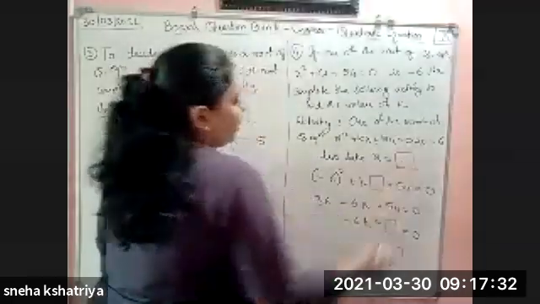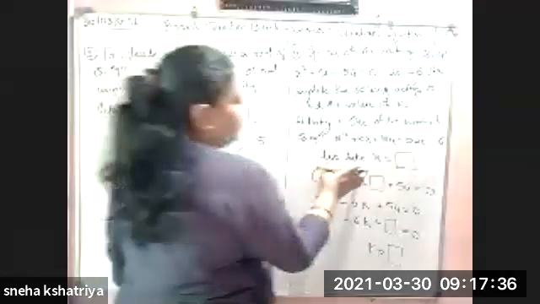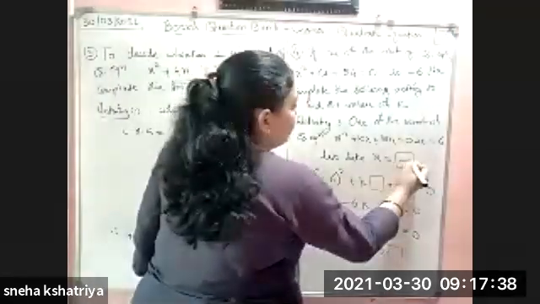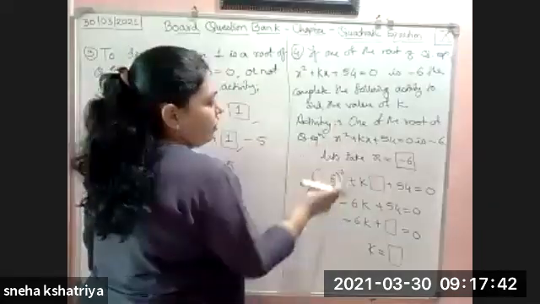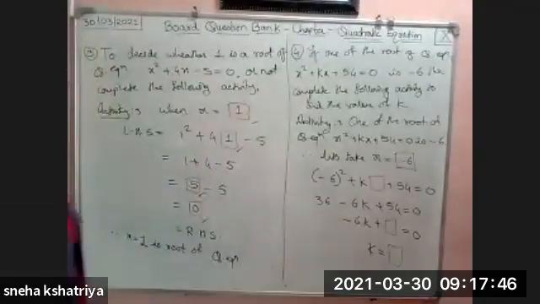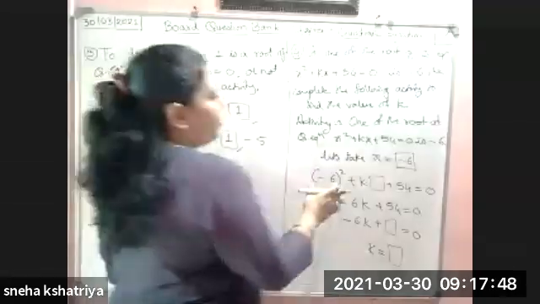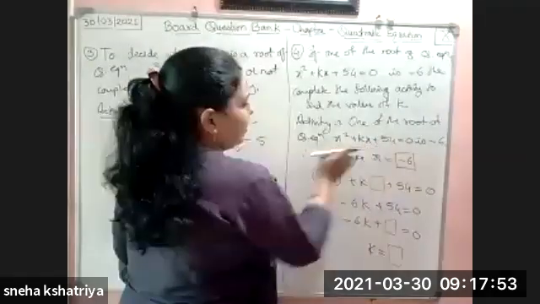The value of x is given. Root means the value of x is given. So we have to take x is equal to what here? -6. See here, you can directly see that the value of x here is -6. So the value of x is equal to -6. So put x is equal to -6 in the given quadratic equation.